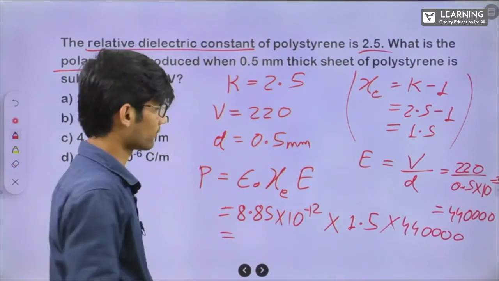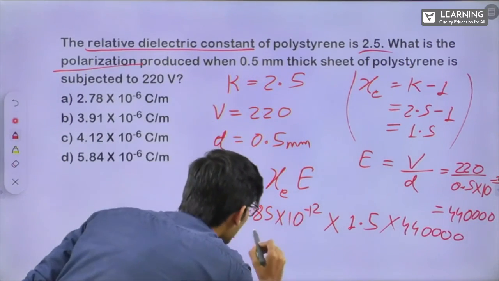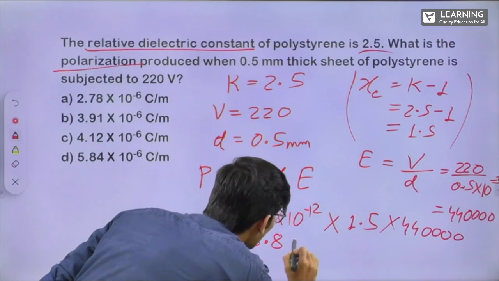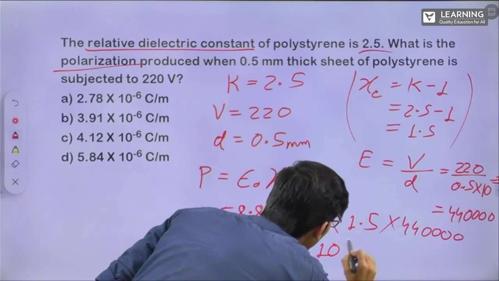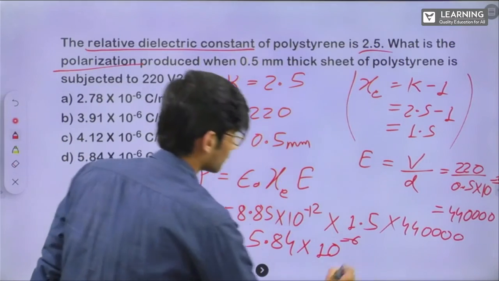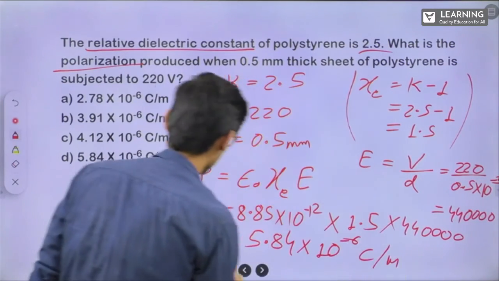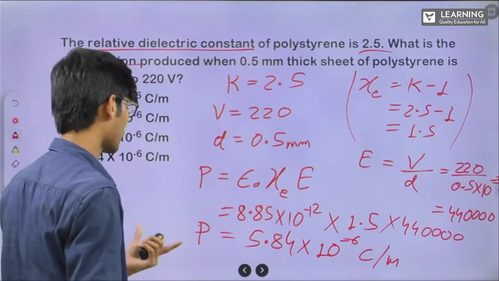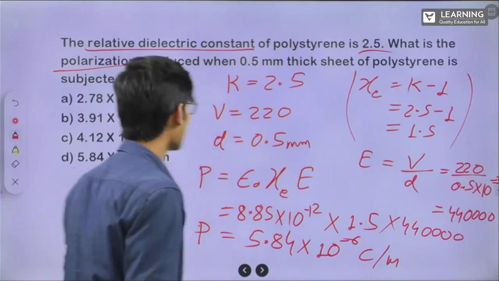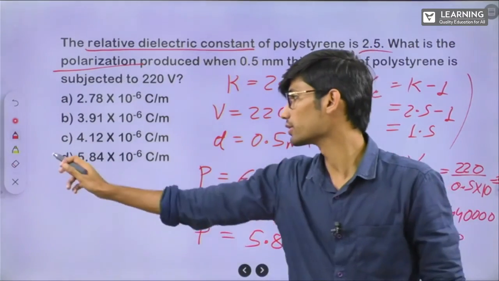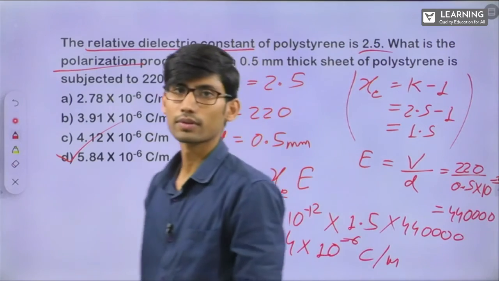If you solve this from a calculator, you will get 5.84 into 10 power minus 6 coulomb per meter. This is polarization. This is the answer. Clear?